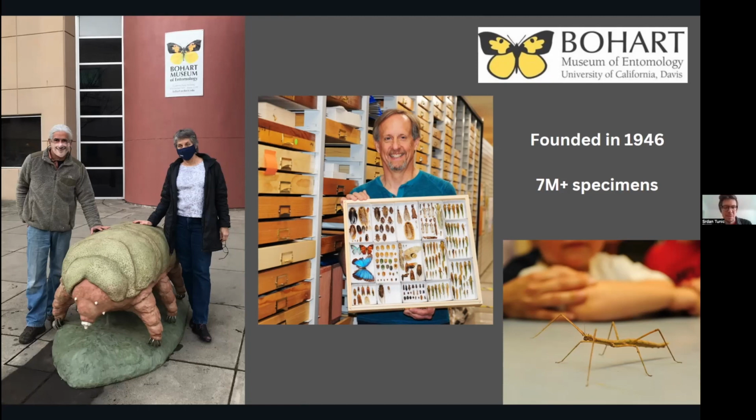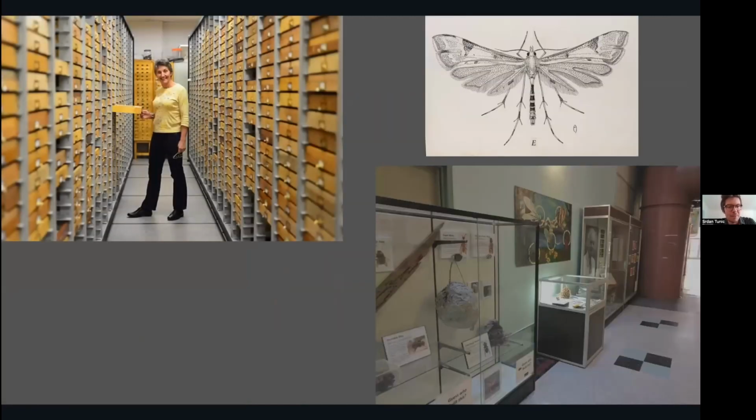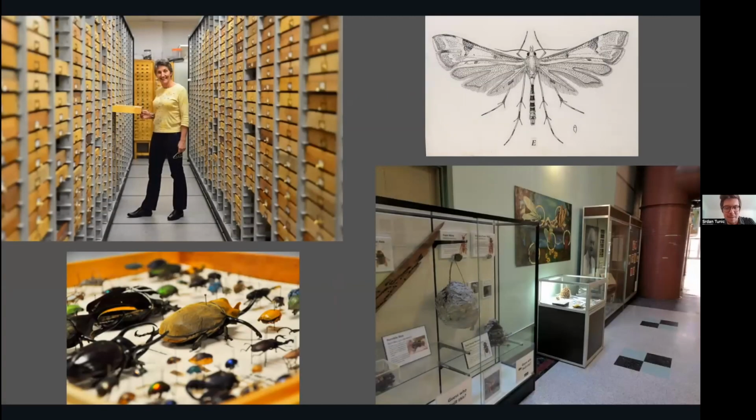Apart from being a research institution and doing a lot of outreach activities, I would say that the museum staff is very open to art initiatives. On the left side, we see a tardigrade sculpture that was set in front of the museum, I think in 2020. And apart from these millions of specimens of insects that you can see on the left photo, the museum also has some artworks.